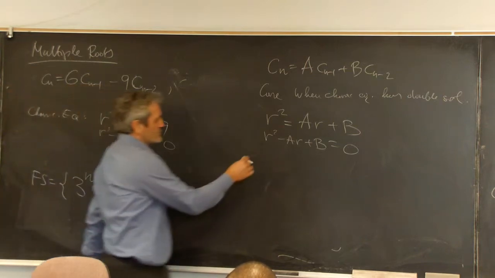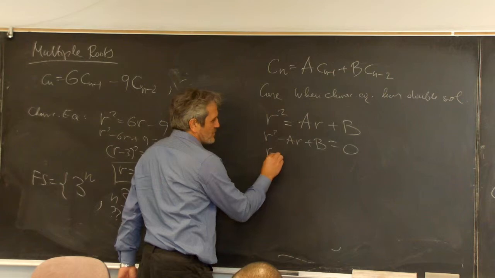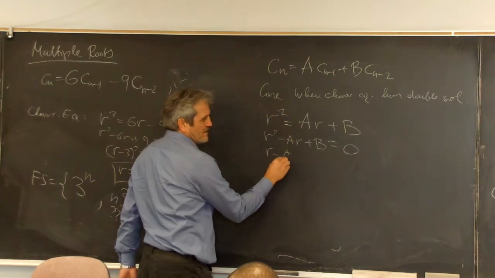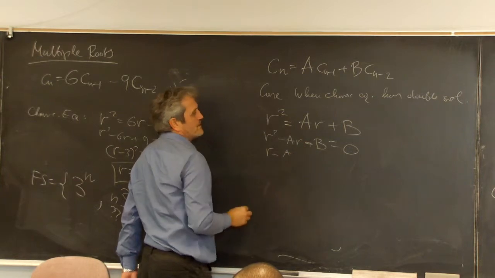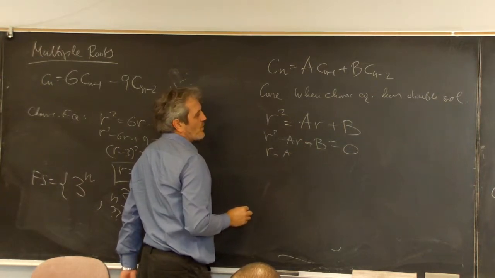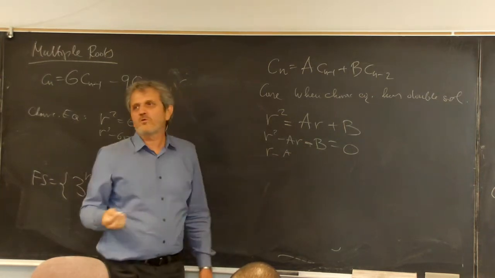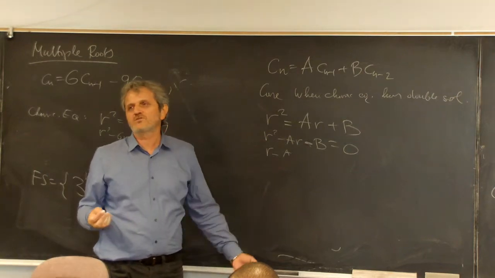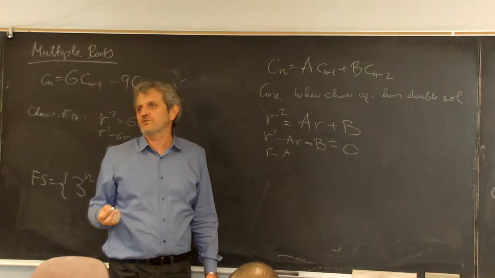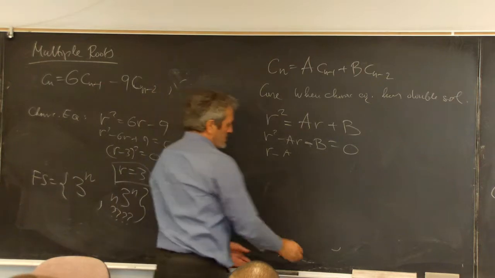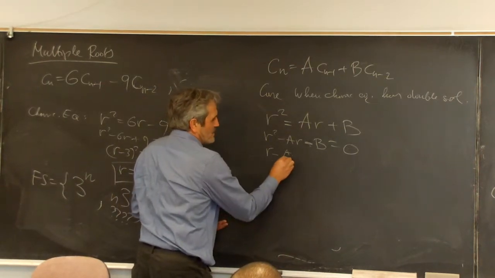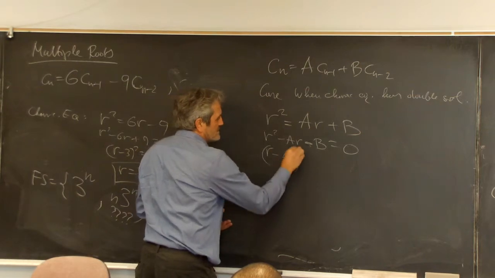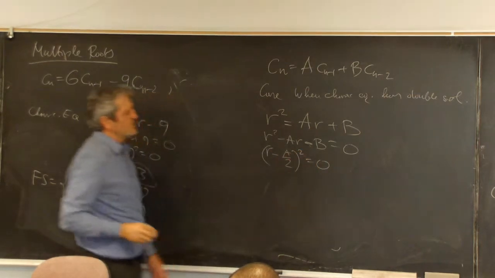When I complete the square, what do I get? If the equation has a double solution, its discriminant equals 0, yes or no? So we complete the square: r minus a over 2, squared.